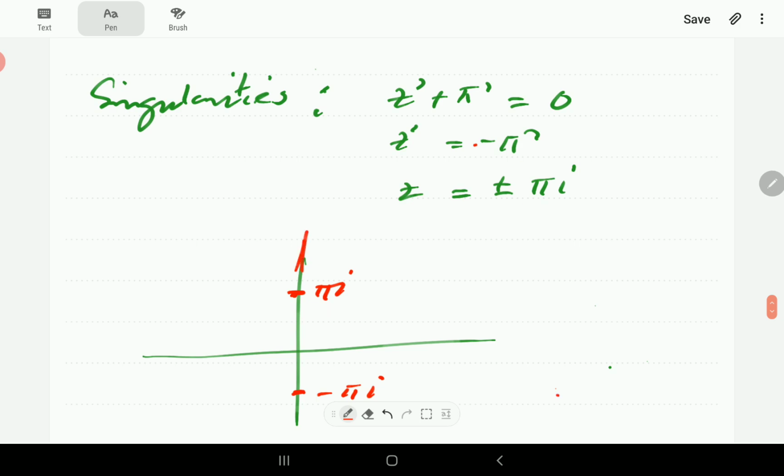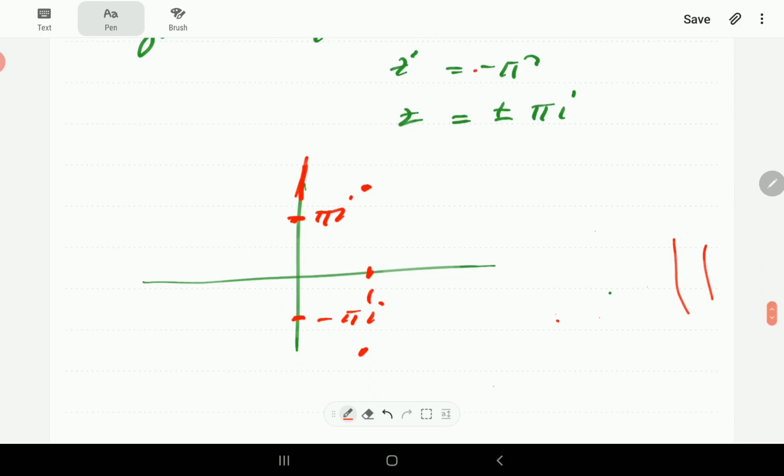So if this is 1 here, 1 plus 4i, the question is: is 4i bigger or smaller than pi I? Pi is 3.14, so 4i is going to be bigger, so that's going to be just there, and the other one is going to be just there, and then negative 1.